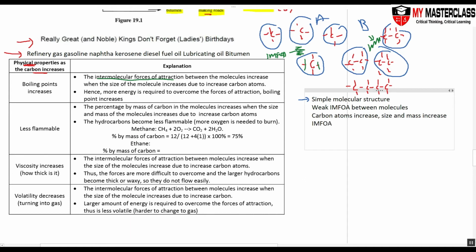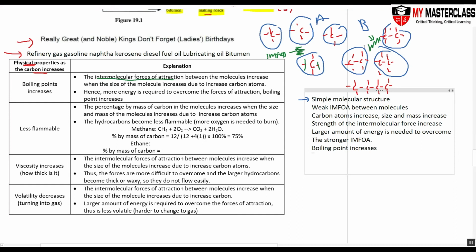The strength of IMFOA, the strength of the intermolecular force, increases. Okay, so a larger amount of energy is needed to overcome the stronger IMFOA, so your boiling point increases.